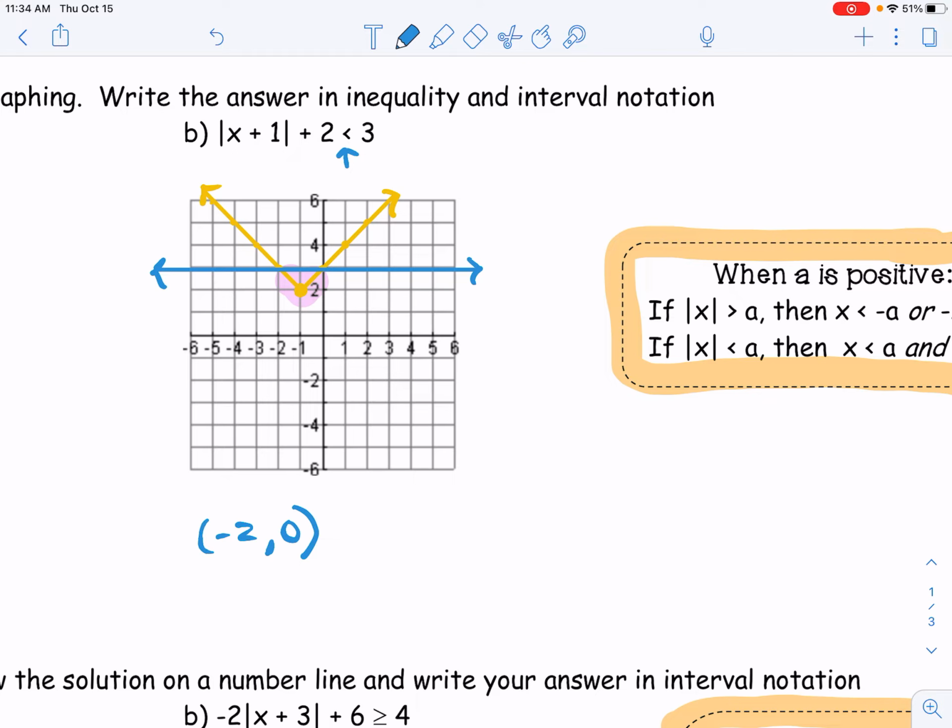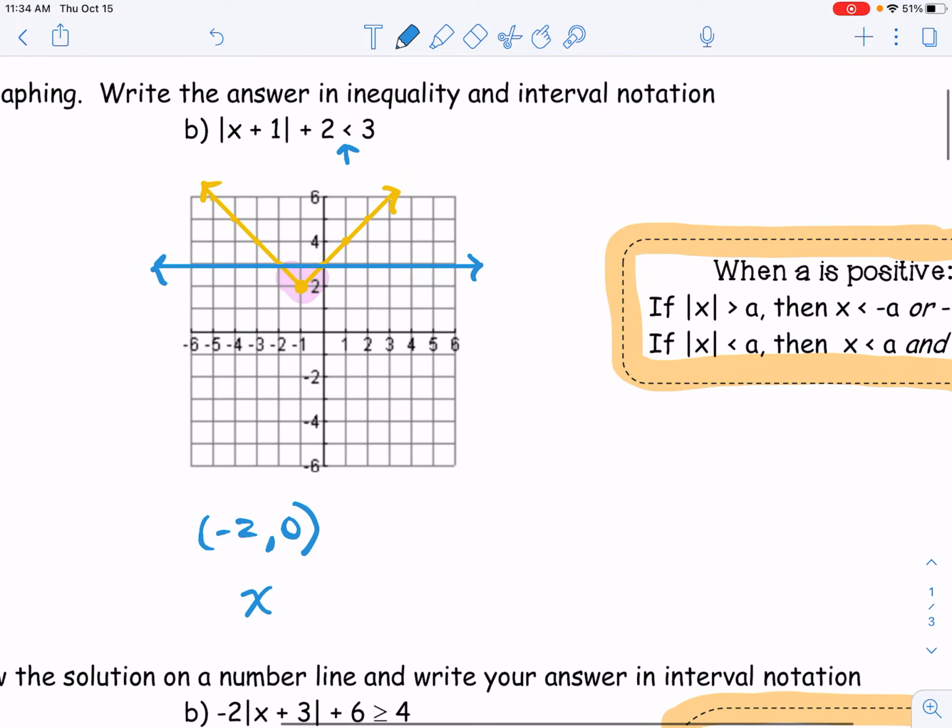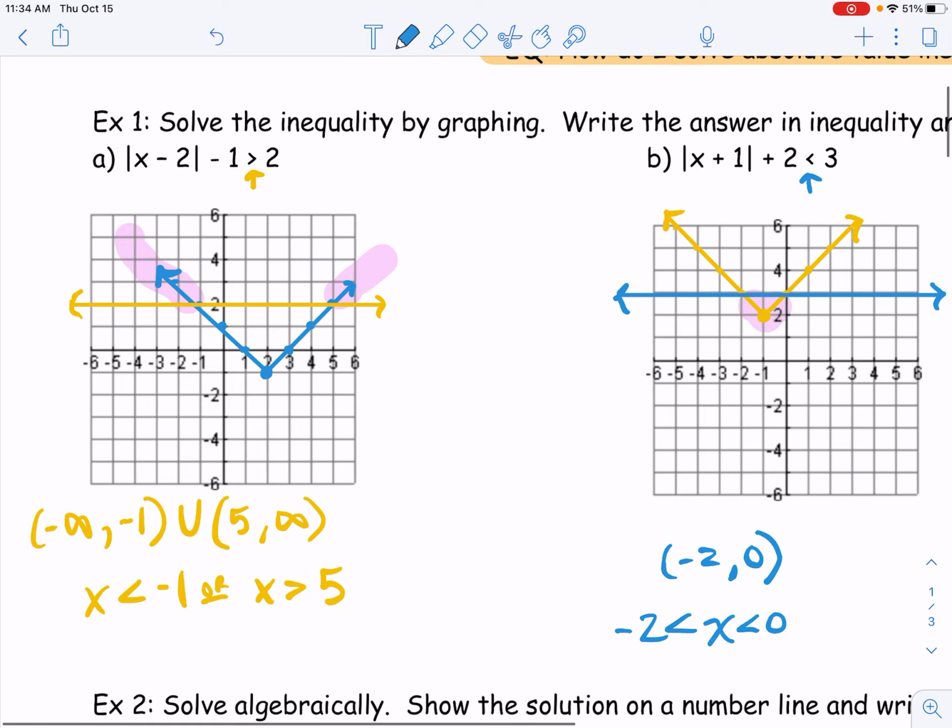I also want to write this in inequality notation. This is going to be a compound inequality because I have x's that are less than 0 but greater than negative 2. And so this is just, like I said, 1 area where it's a true statement. Over here, there were 2 areas where it was a true statement.